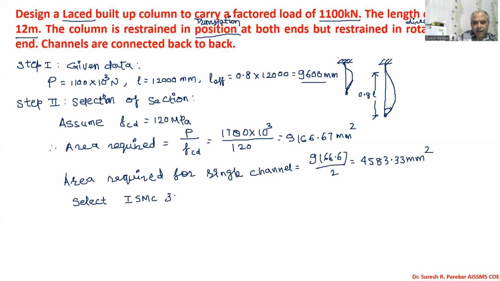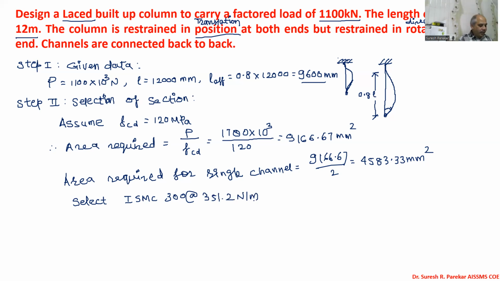ISMC 300. Just go to IS 808. So we have 351.2 Newton per meter. You can have IS 800 also.